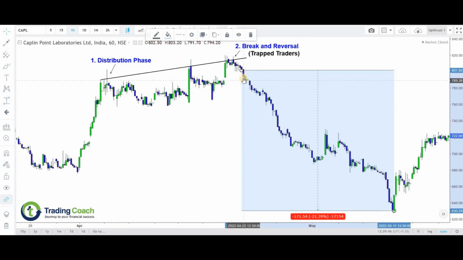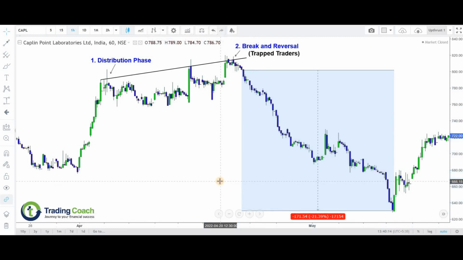We would have taken a short selling position exactly over here and seen nice downward momentum in the stock prices. The prices have fallen around 21.39%, which is a nice sell-off. If you're a bearish trader, you would have loved this movement. Cool, this is what we call the so-called upthrust trading setup.